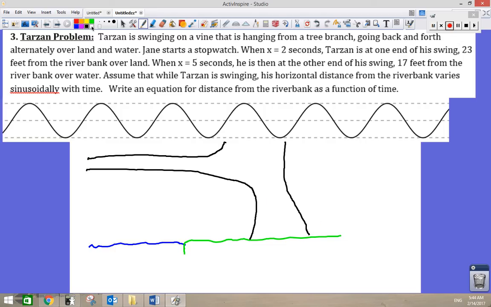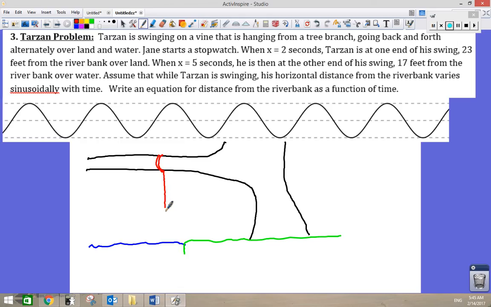And we've got some type of a vine, or I'm just going to make it look like a rope around the branch. Now, wait a minute. Alright.